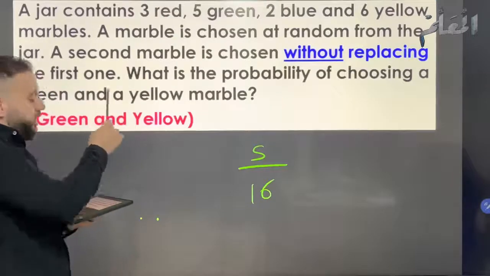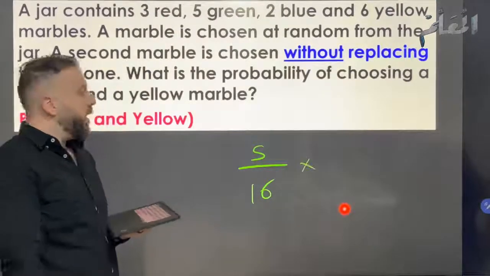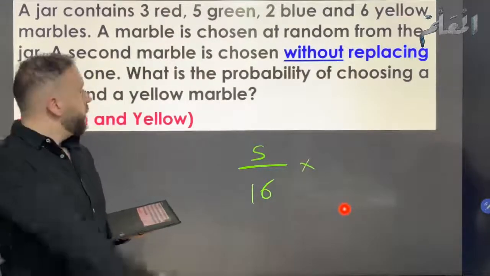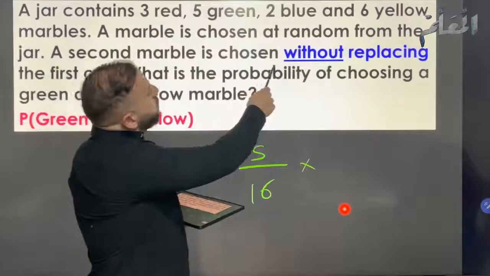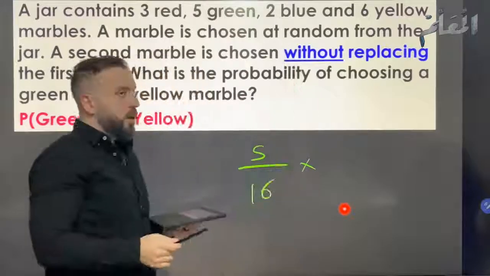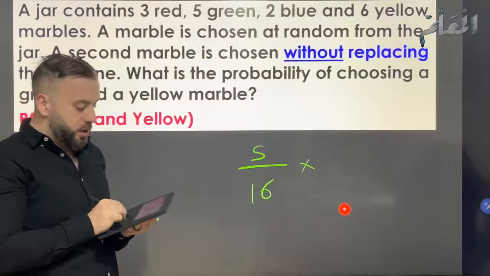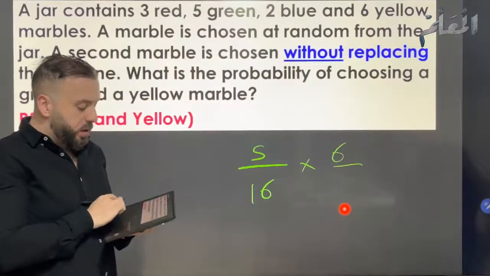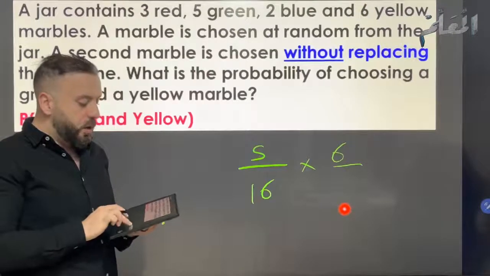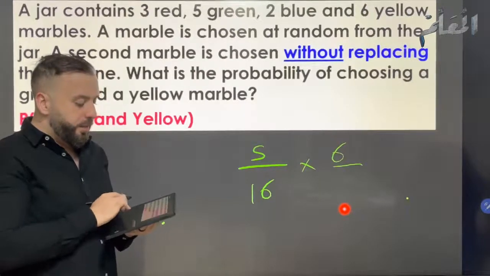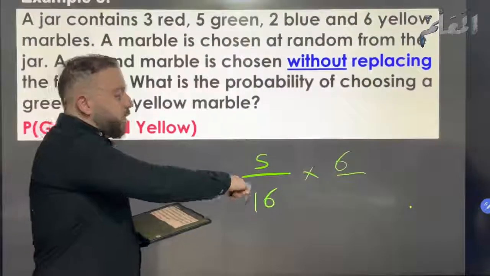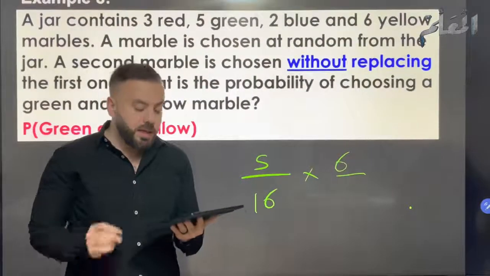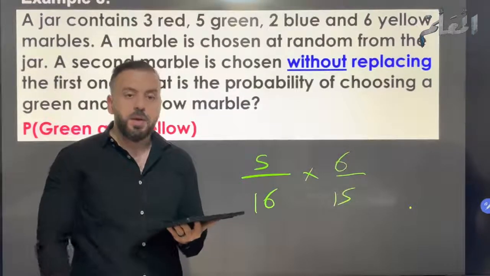And this means multiply by the yellow marbles. How many yellows do I have here? 6 yellow. No problem, it's 6. But my question is, is the total going to be the same number, which is 16? No. What will it be? It's going to be 15. Why?